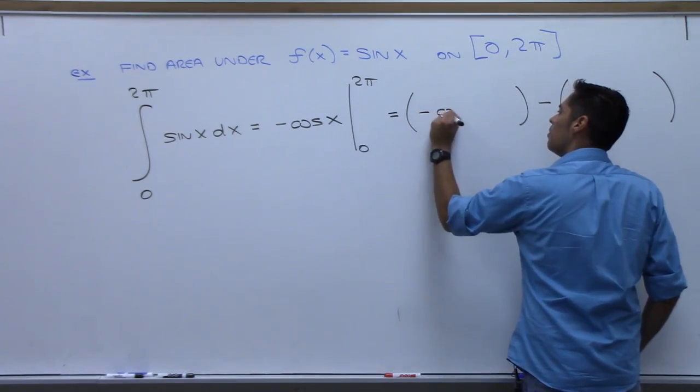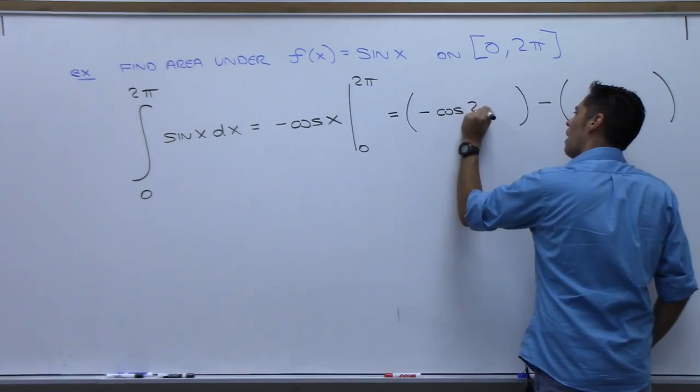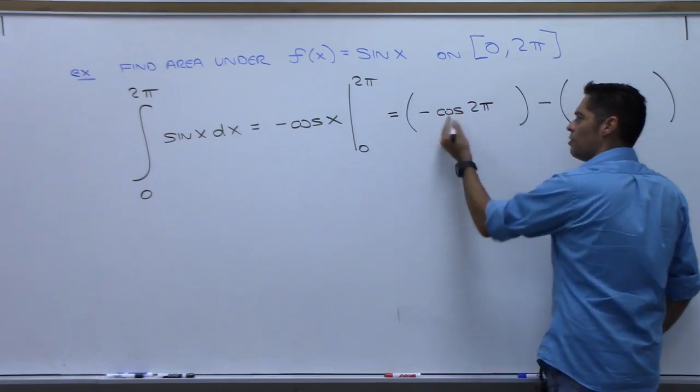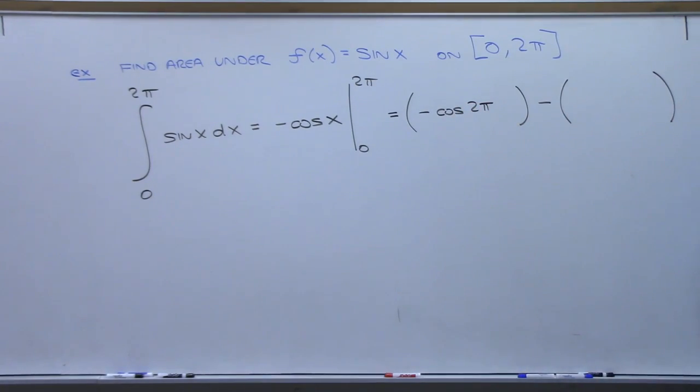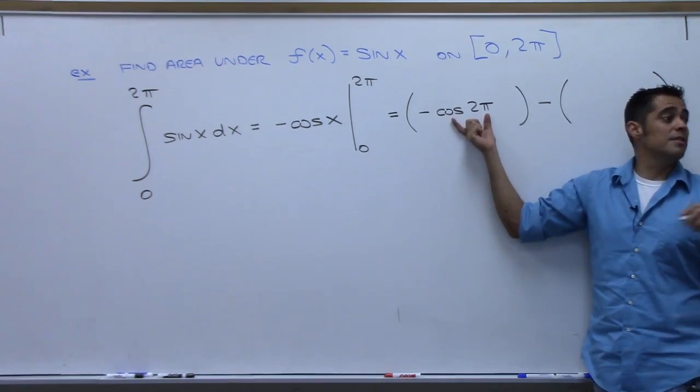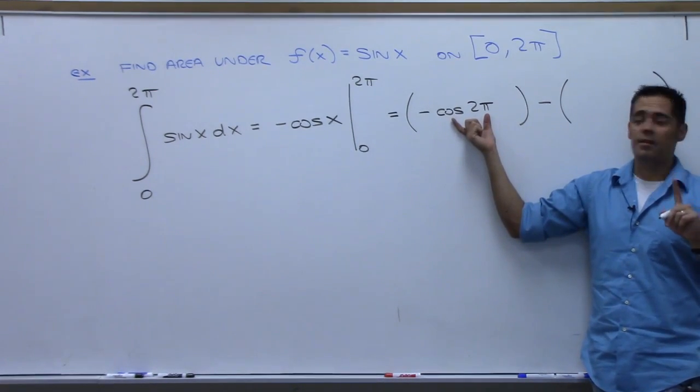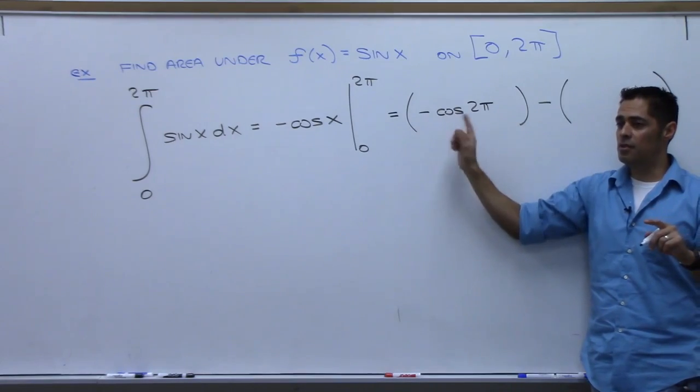So negative cosine of 2 pi, which cosine of 2 pi is 0. No? No. What is it? 1? That's the same as cosine of 0, which is 1. But then there's a negative. So this is negative 1.